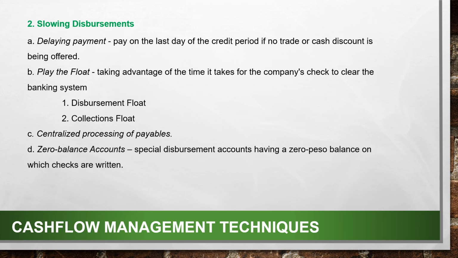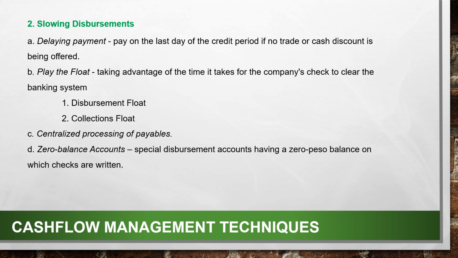So what is meant by float? Float is the time it takes for the company's check to clear the banking system. For instance, you issue a check, and it doesn't actually automatically deduct the amount from your account.